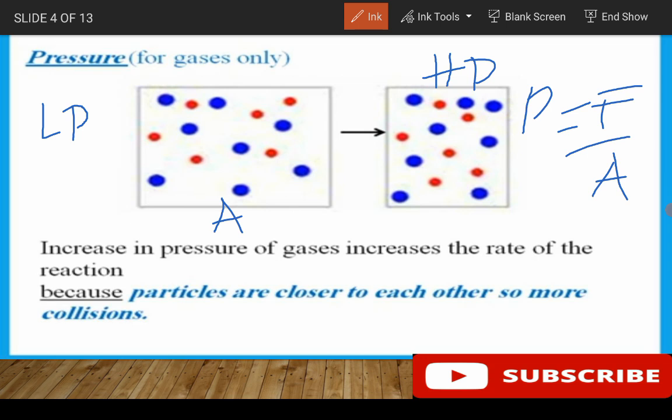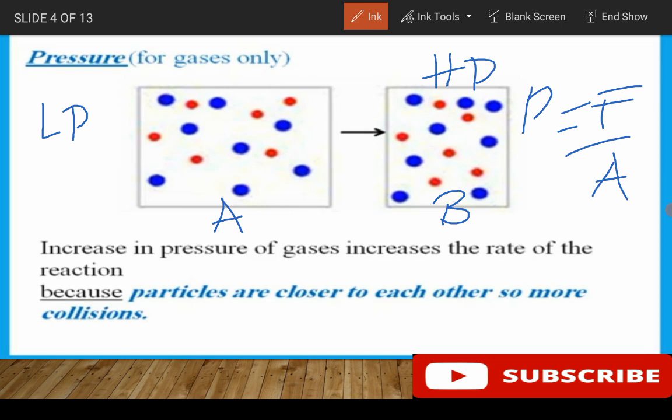So because they are squeezed together, so this is B, we're comparing the two. Because the particles are squeezed together, you expect the rate of reaction to increase. So we are saying increase in pressure of gases increases the rate of reaction. Why? Okay, you have to say why.